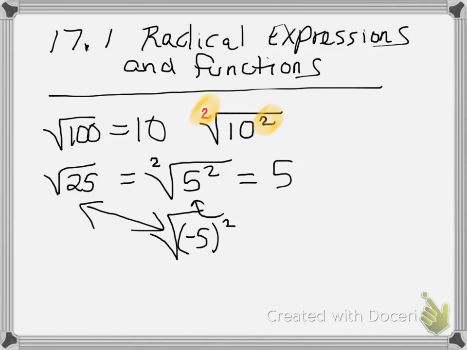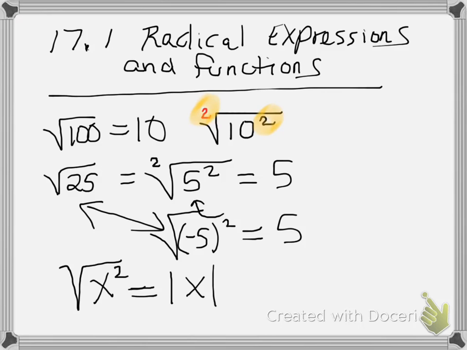When we think about it being a variable, if I have x squared and I take the square root of it, I need to say that it's the absolute value of x, because it could be negative 5, and then when I go to solve it, it's a positive 5. So it could be a negative x in there, and then I go to solve it, it's a positive x.